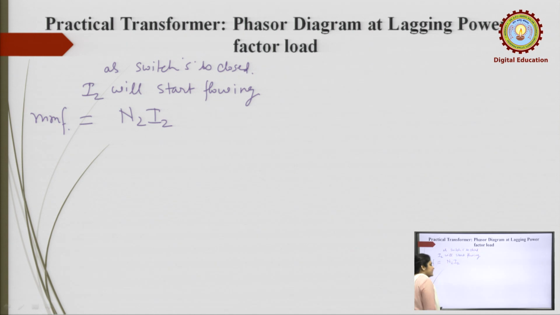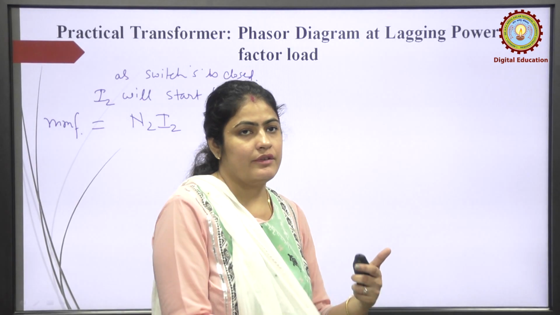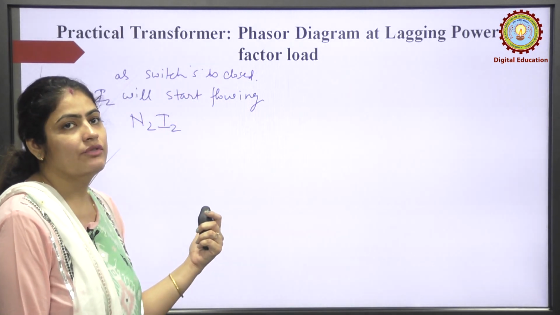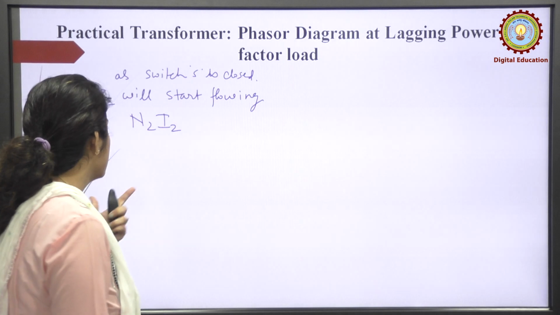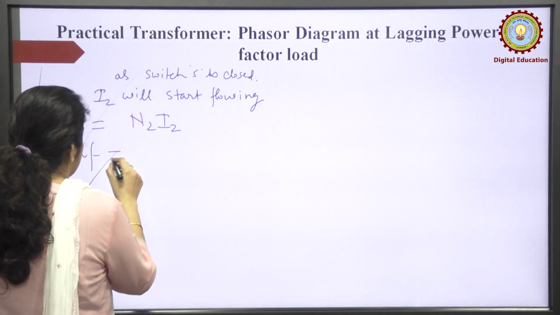So, similarly, as in the ideal transformer, we have seen that due to this I2 current, a compensating current will flow in the primary. As the transformer gets loaded, the same amount of current, equal to the secondary current, will flow in the primary side of the transformer. So, on the primary side of the transformer, suppose the current is I2 dash.